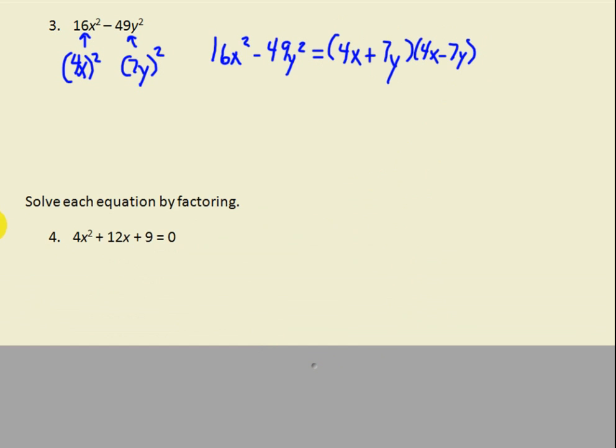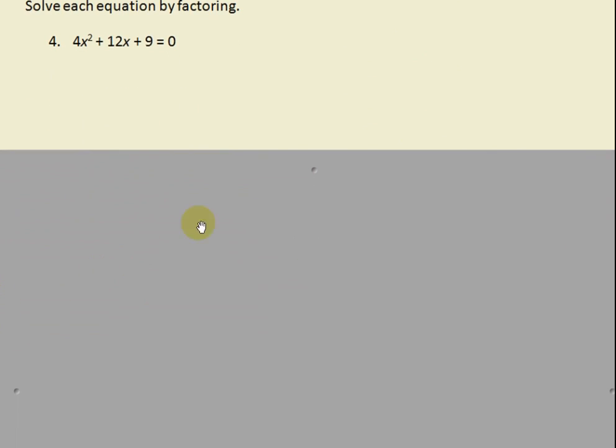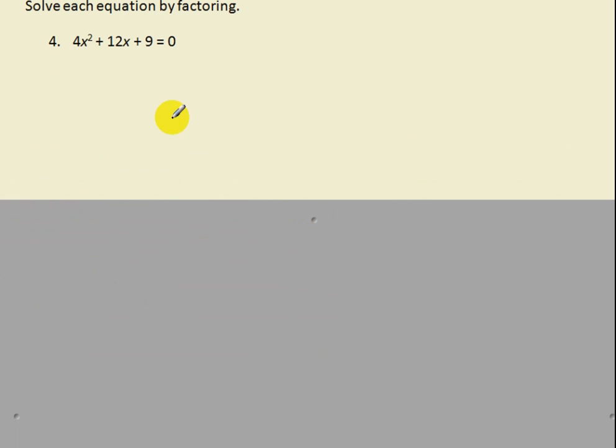Okay, number 4, remember the whole point of all this factoring is to be able to solve equations. So let's look at this and see if this will factor. So we already have a quadratic set equal to 0, so that's good. We want to see if this will factor. So we notice that this is a perfect square. 4x squared is equal to 2x squared. 9 is equal to 3 squared.